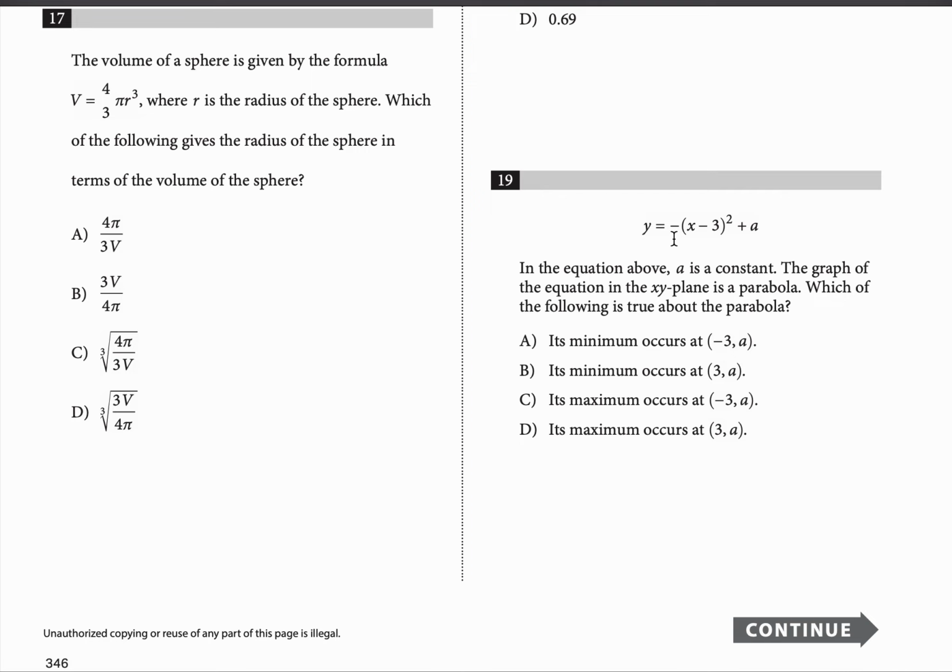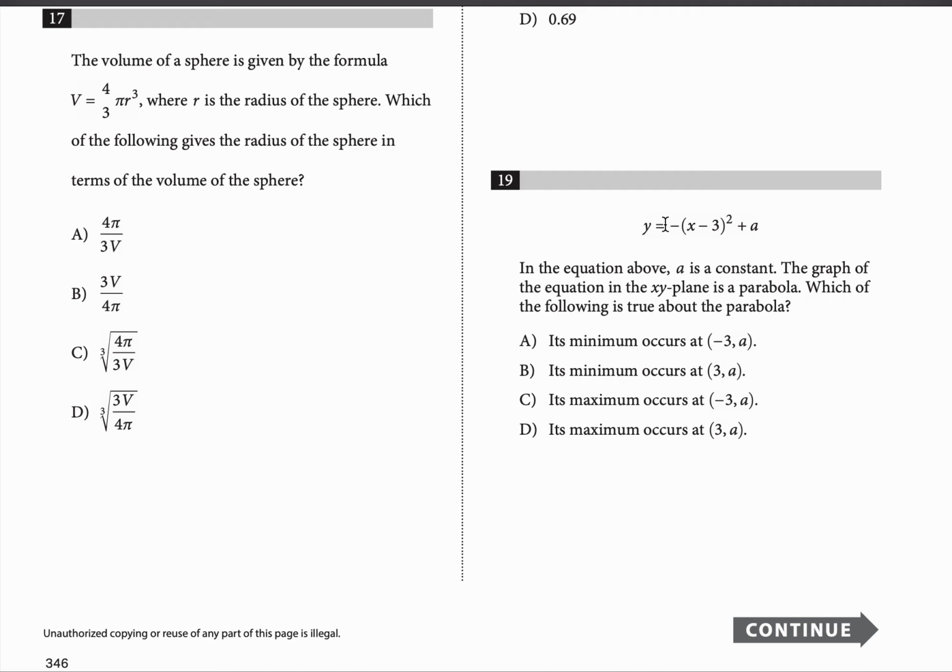Okay, so it's downward facing. Oh yeah, we could use a graphing calculator. That's going to be interesting actually. The interesting thing about this is it doesn't matter, because we're not talking about anything other than the min and max.